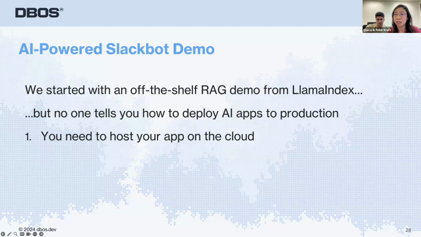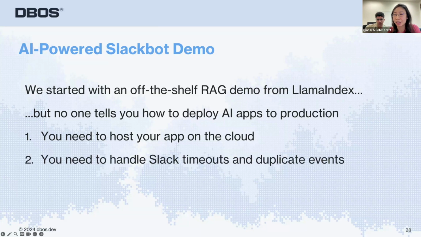And then the second problem is that if you are building a Slack bot or any other kind of AI application, you have to deal with timeouts and potential retries. So you typically write a webhook, and your webhook will typically need to respond to either Slack or other services within, say, 3 seconds.